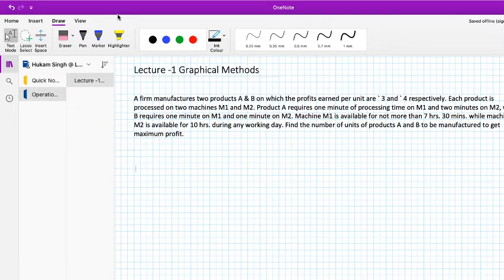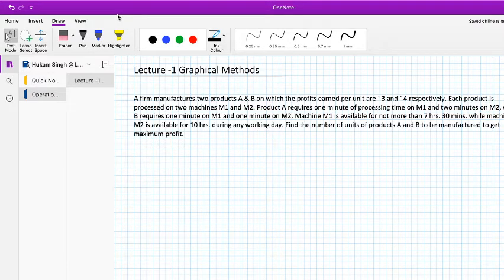Product A requires 1 minute of processing time on machine M1 and 2 minutes on M2, while B requires 1 minute on M1 and 1 minute on M2.